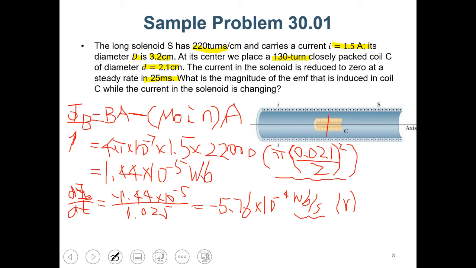So according to Faraday's law, we know the electromotive force should be negative n d phi b dt.